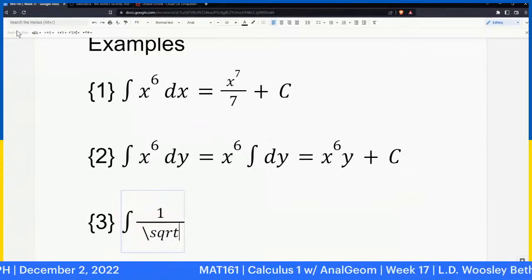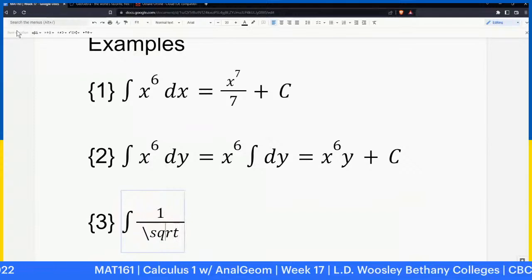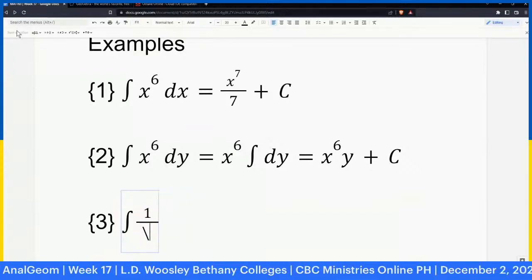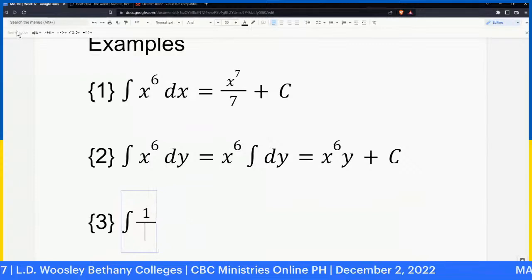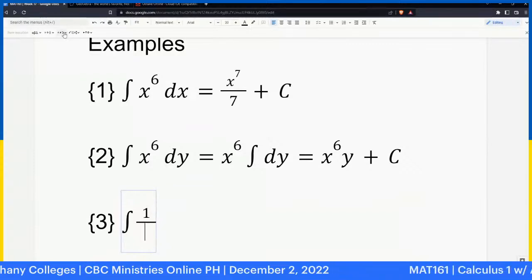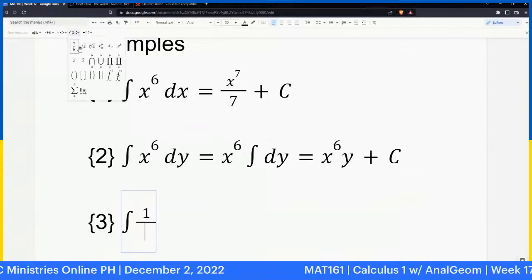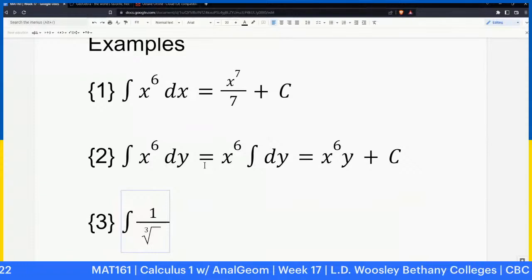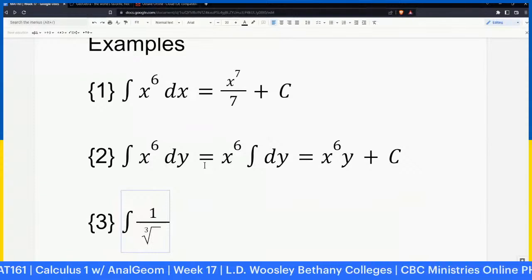Pag square root kasi, ganon. Ayaw lumabas. So, cube root of x squared.